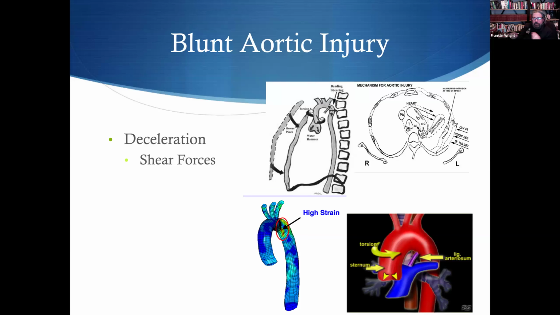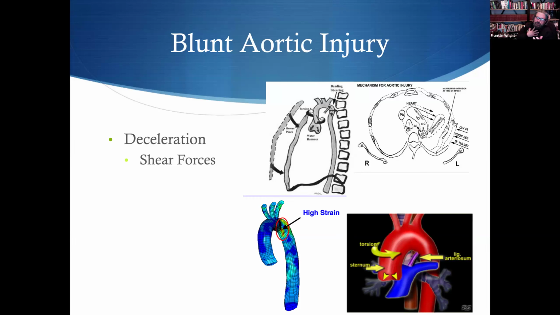That's the embryologic remnant of when we were in utero, we had a connection between our pulmonary vasculature and our systemic vasculature, the ligamentum arteriosum. When we're born, that seals up, but the problem with that sealing up is it scars in, and it creates this pivot point just past the hook of the aorta on the very most proximal descending aorta, just past where the left subclavian takes off.